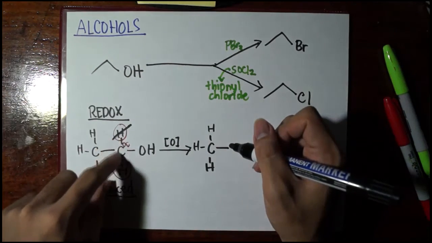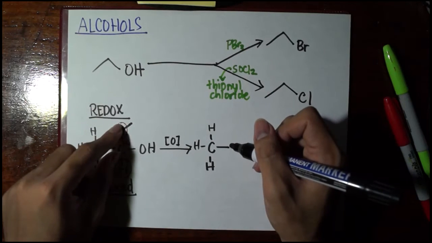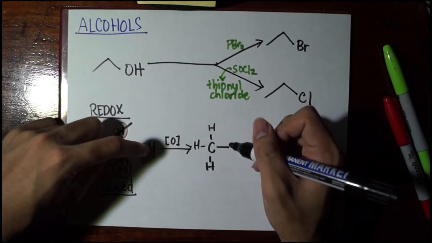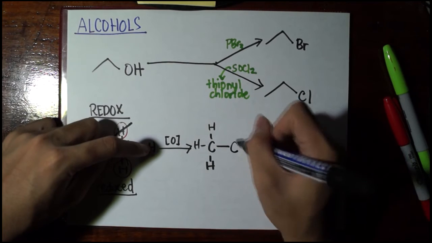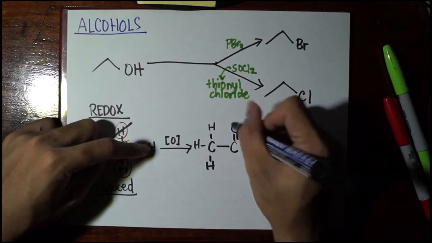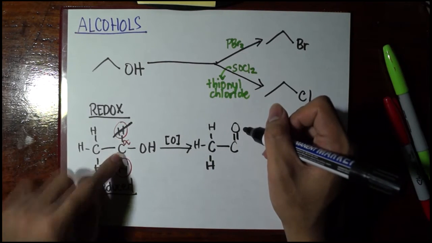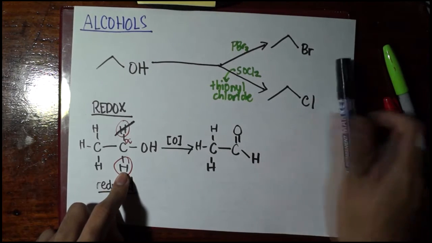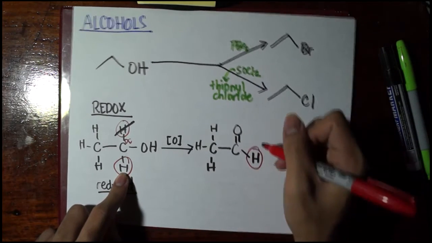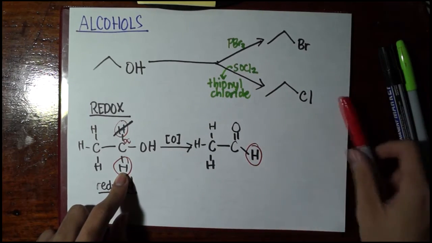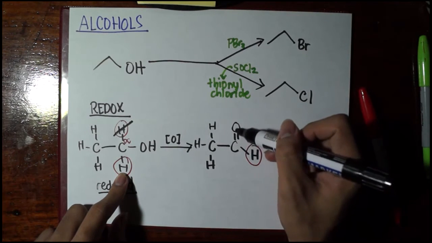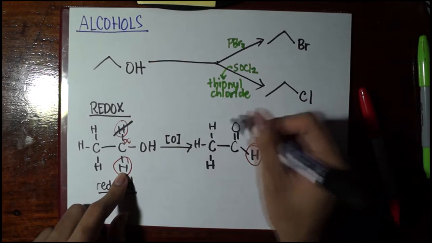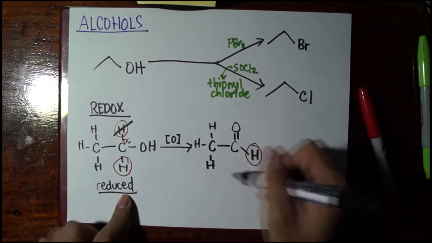So this C to H bond will be sacrificed and given to OH. After that, the OH will now have two bonds to this alpha carbon, and this hydrogen remains untouched. So after weak oxidation, what do we have here? We have a C double bond O, a formyl group, right? And this is the functional group for aldehydes.